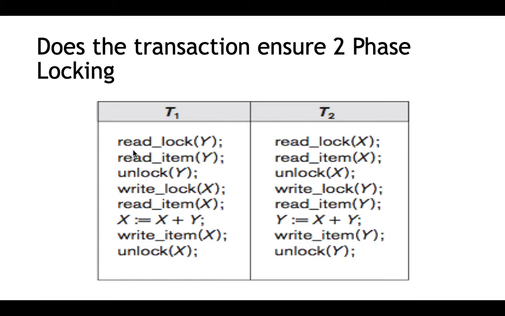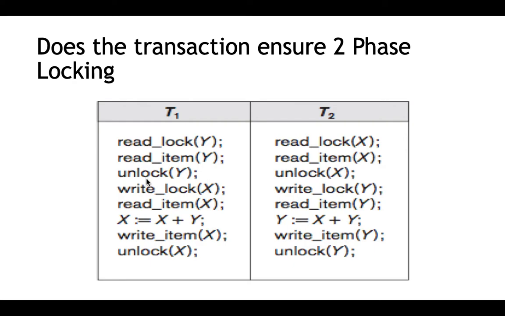In this, first we have a read lock. This means a read lock is issued on Y, we read the item Y and we unlock Y, and then we issue a write lock on X. Now, if you had listened properly, you might know that this lock cannot come after an unlock. Why?